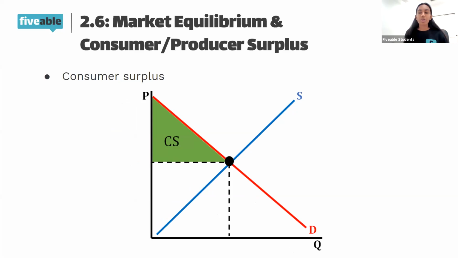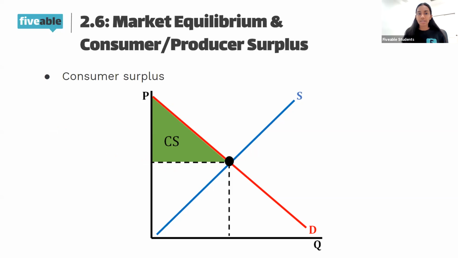So if we were talking about a set of headphones and I was willing to pay up to $300 for that set of headphones, but the market price right here was actually $250, my individual consumer surplus would be $50. The other type of consumer surplus would be market consumer surplus.